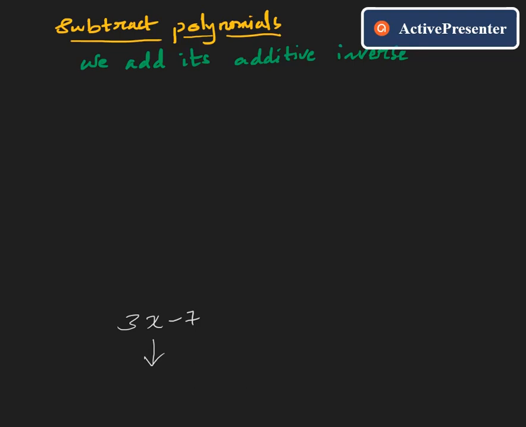As you remember, the additive inverse of a is minus a, right? Here, the additive inverse of 3x minus 7 is minus, between parentheses, 3x minus 7, which is eventually equal to minus 3x plus 7.